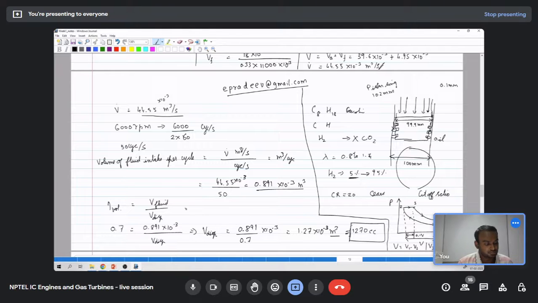So that means this is 0.1 V and this is 0.9 V.